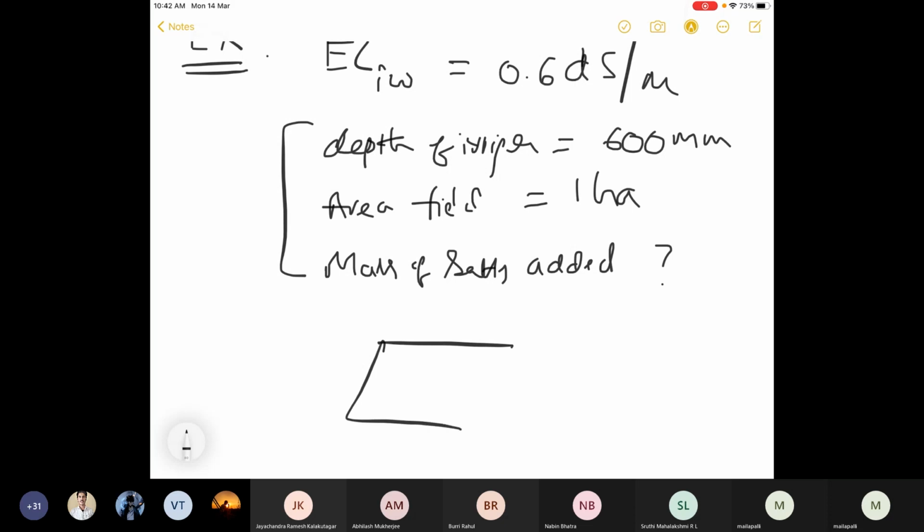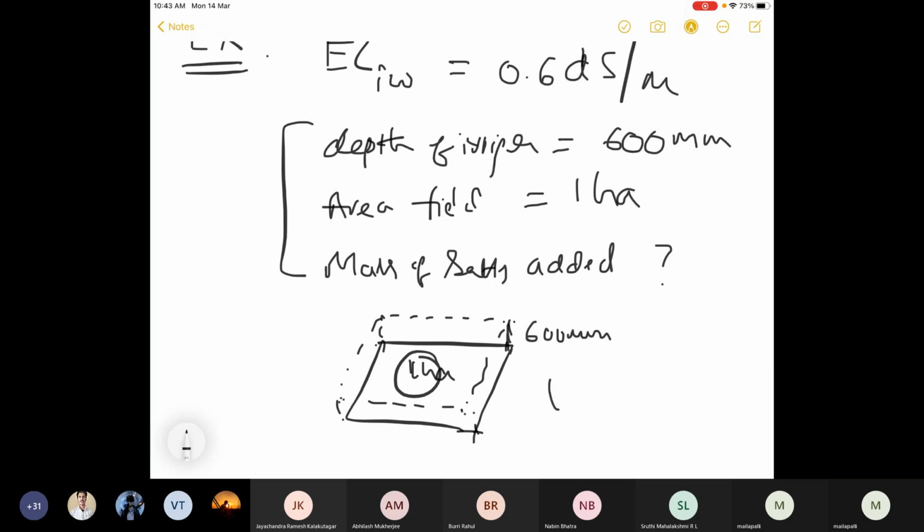Suppose this is the area of the field, and this is the depth, right? The depth here is 600 mm, and this is 1 hectare. 1 hectare field, 1 hectare in the sense 10,000 square meters.